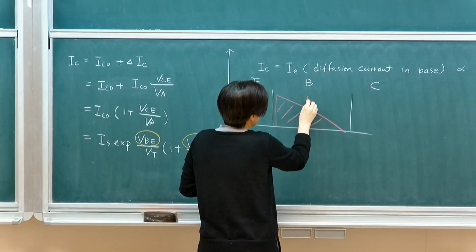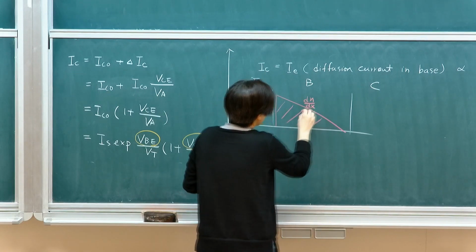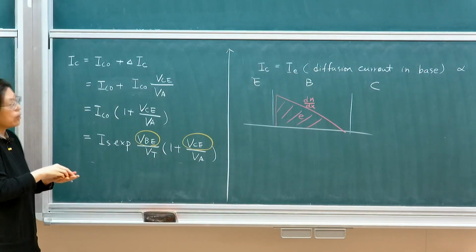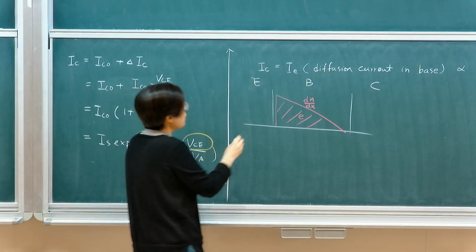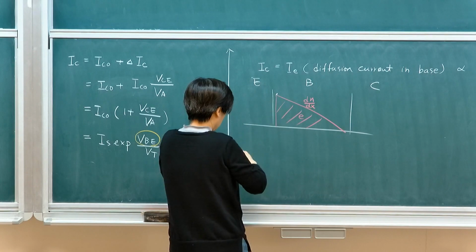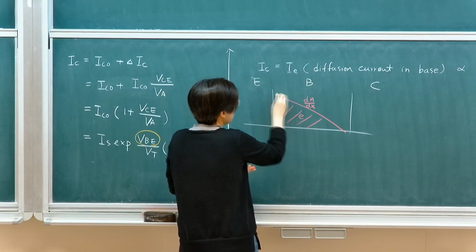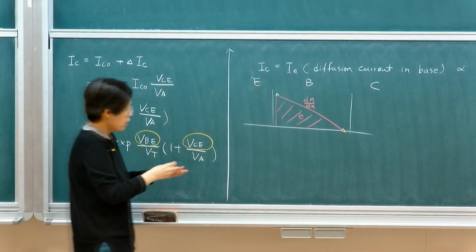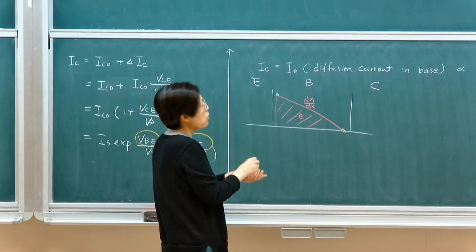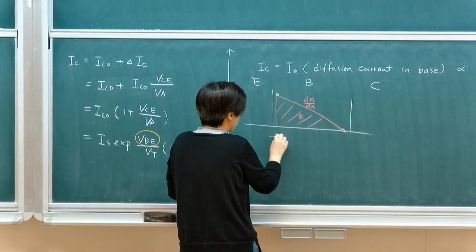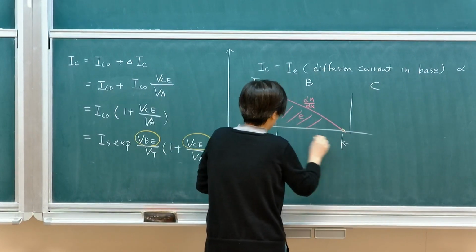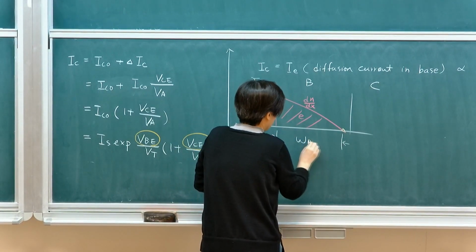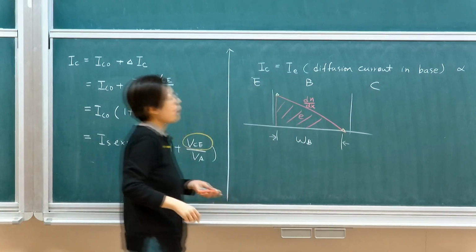So this is my electron dn/dx. On the left-hand side, what determines dn/dx? Once again, your dn/dx would depend on two points and the width, right? So your triangle's slope would be defined by the triangle width and then these two points.